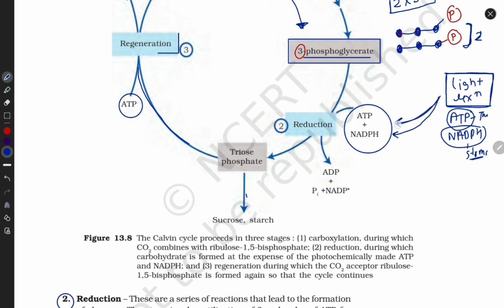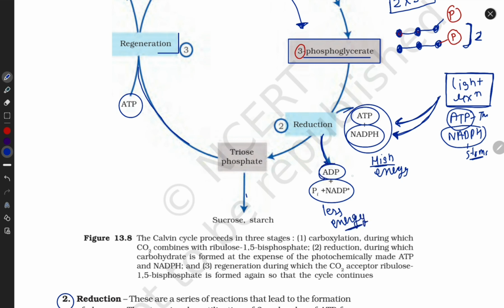Now here this ATP and NADPH participate, and they convert into ADP and NADP. The high energy form gives their energy and changes into the less energy form.